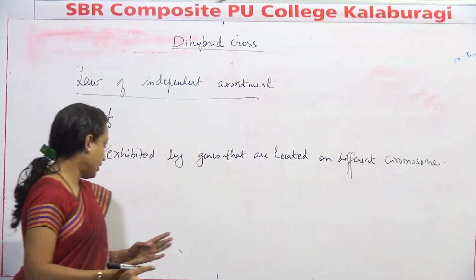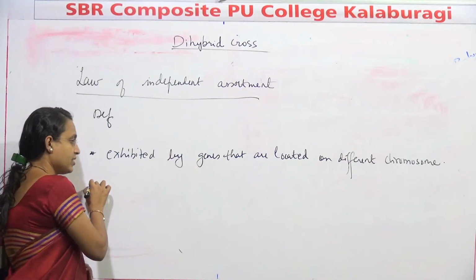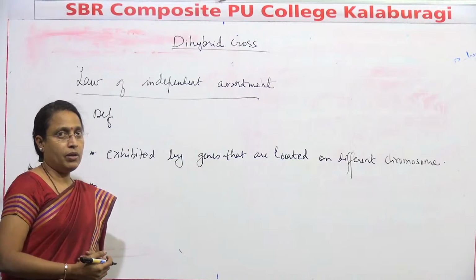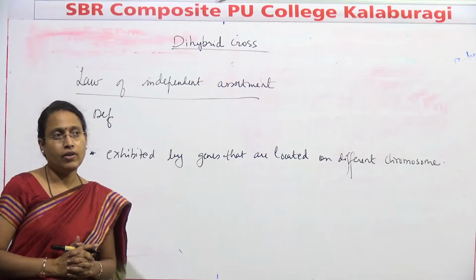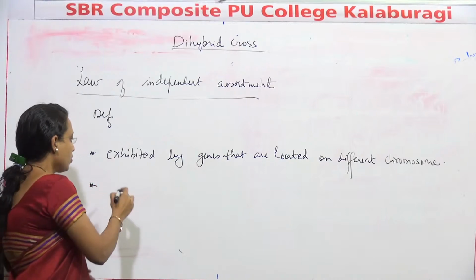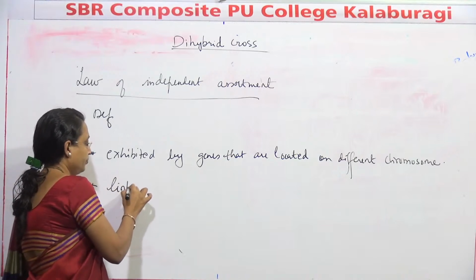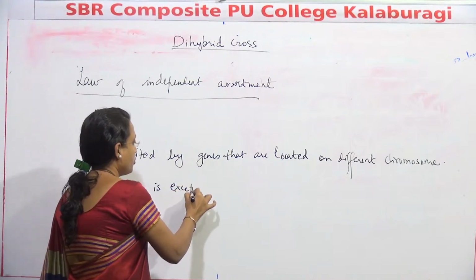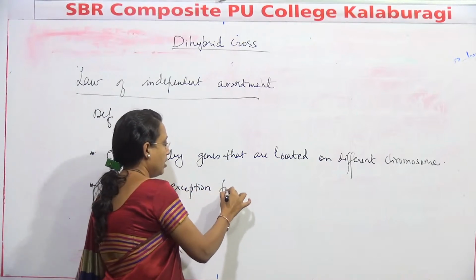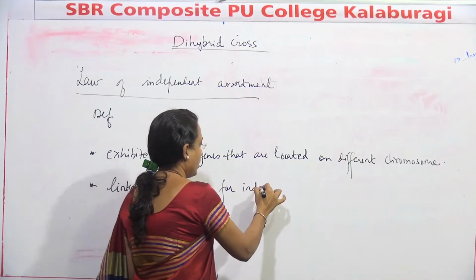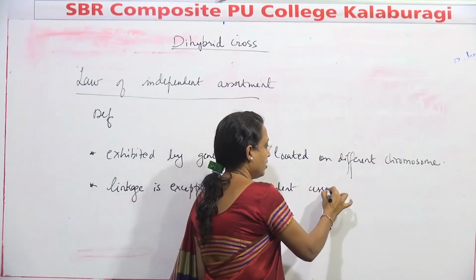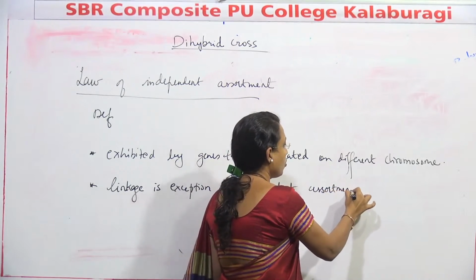But if the genes are located on the same chromosome, then it becomes an exception to independent assortment. So linkage is an exception for independent assortment.